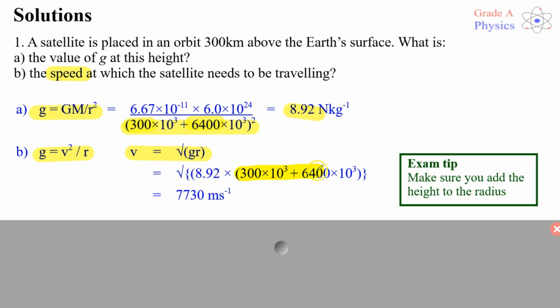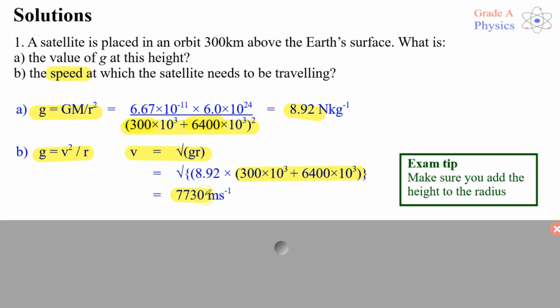Once again, the radius. I think because it's r, it's the radius, it's very often just the radius, I think students would automatically go for 6,400. But remember that r represents the distance between the center of the planet and, in this case, the satellite. So we need to add the height onto the radius.